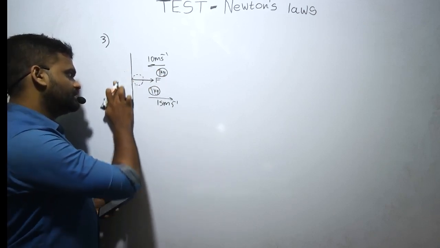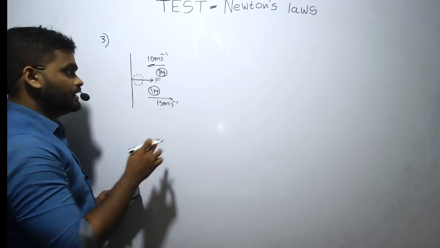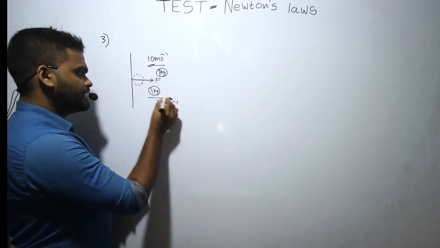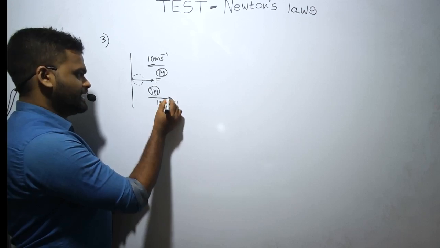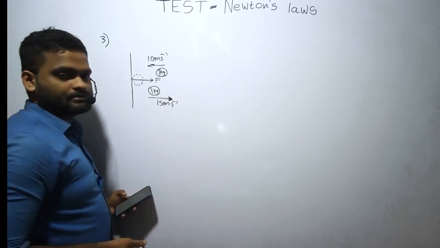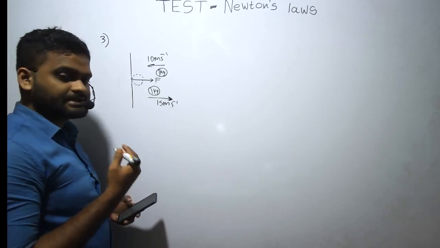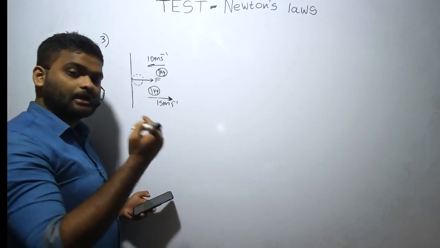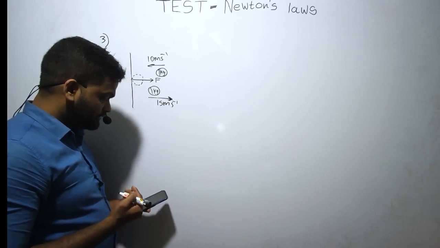So you don't have to worry about this reaction force. I have to correctly understand how to apply this theory. Anyone can just take the answer, doing the substitution. But you have to understand correctly. It will be useful whenever you are dealing with a complicated question, right? Okay.